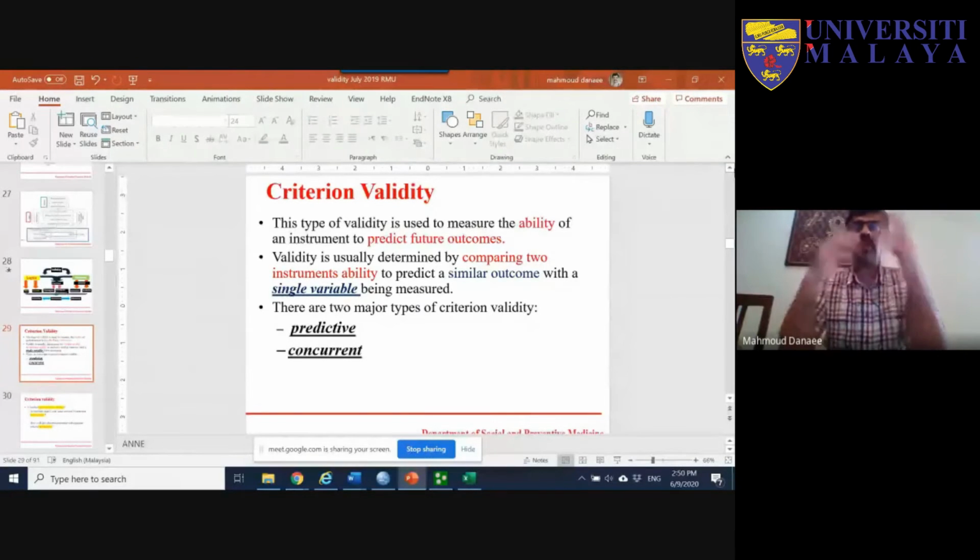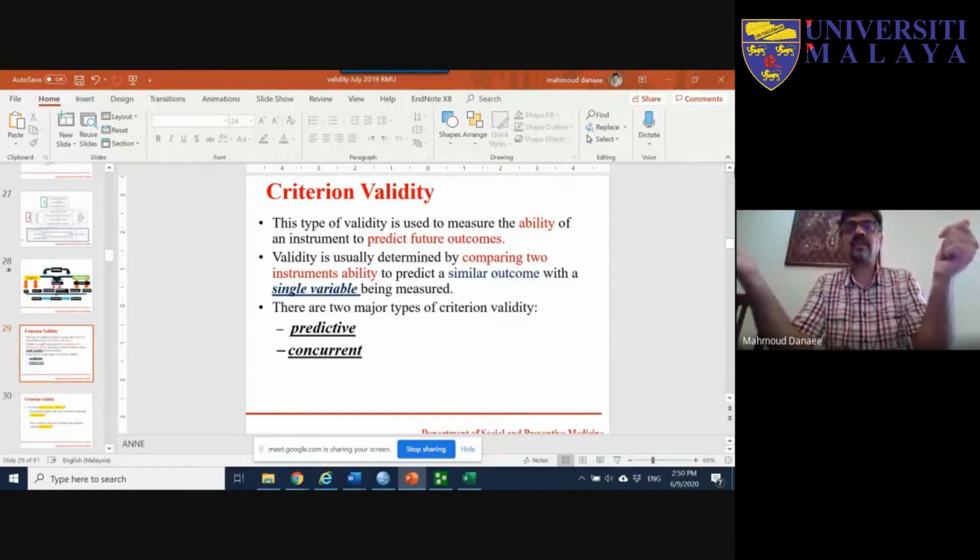Suppose that, logically, we know that stress and quality of life are related, correct? It is already proven. If you have more stress or anxiety or depression, the quality of life will be lower.